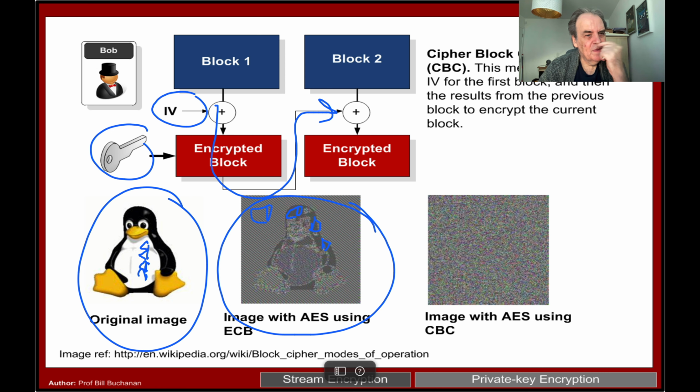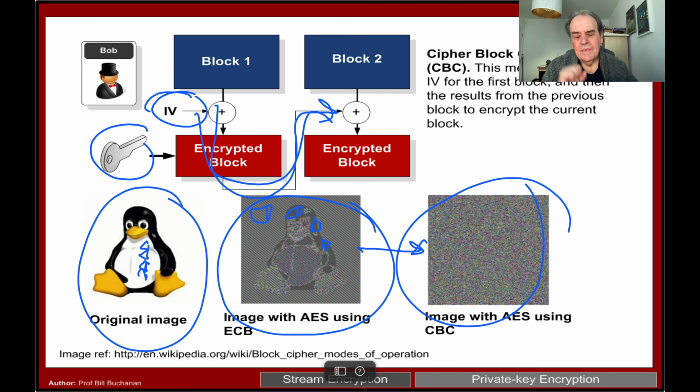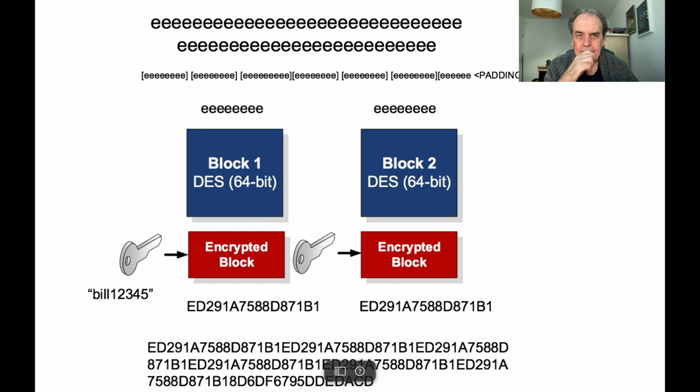So when we encrypt each of these blocks, they will come out as the same values in the encrypted image. But look here, when we add in salt and when we chain, we end up with what looks like noise. This is what we would expect from an encrypted file, completely random values.